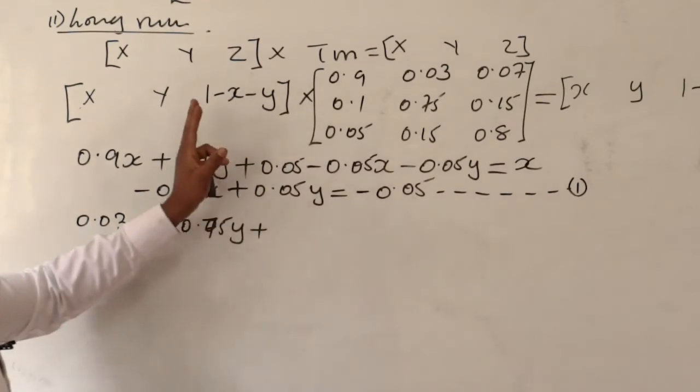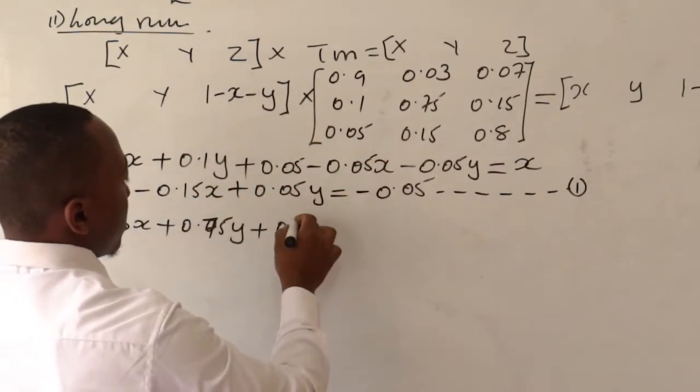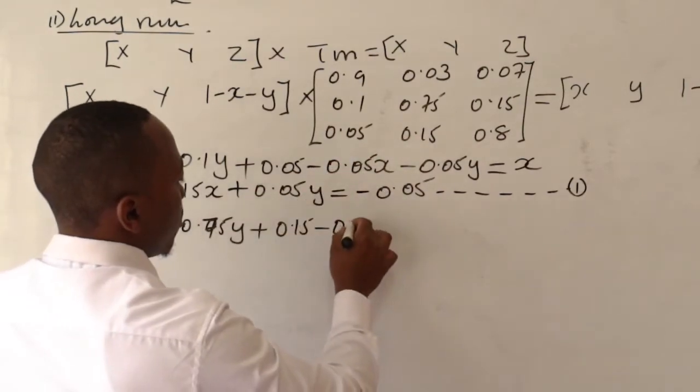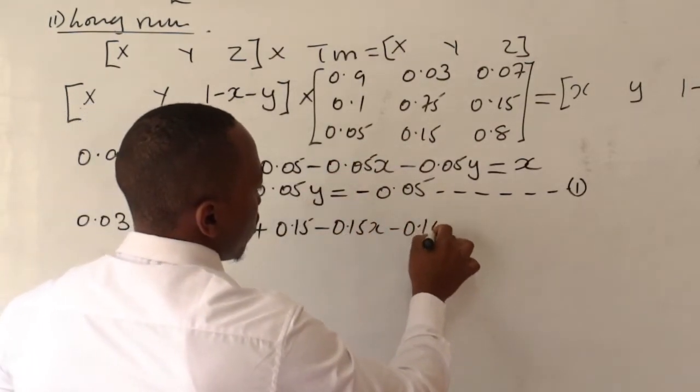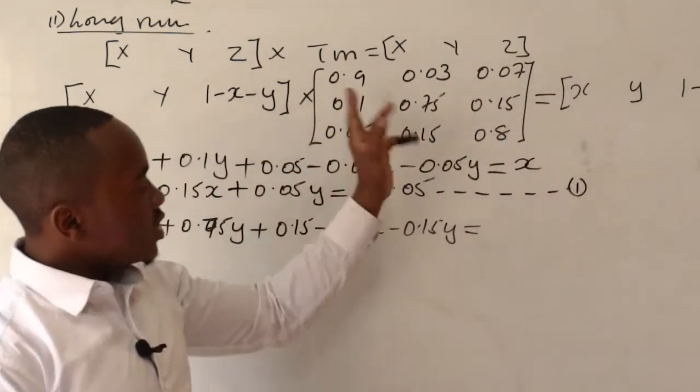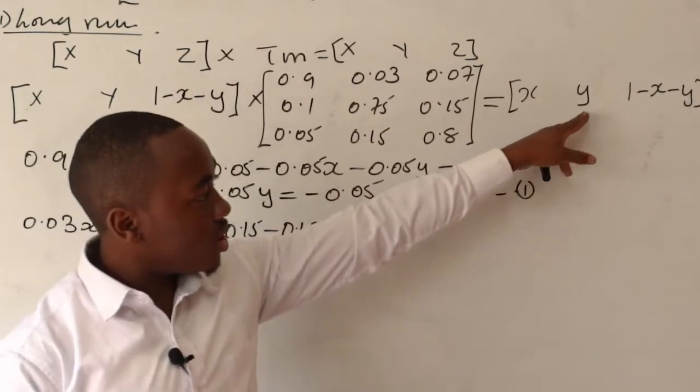So in that case, you have plus 0.15 minus x times 0.15, you get 0.15x minus 0.15y is equals to y. First row, second column, you'll get y.